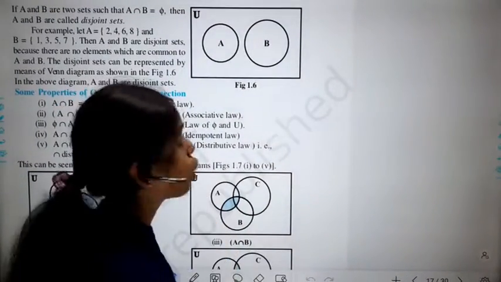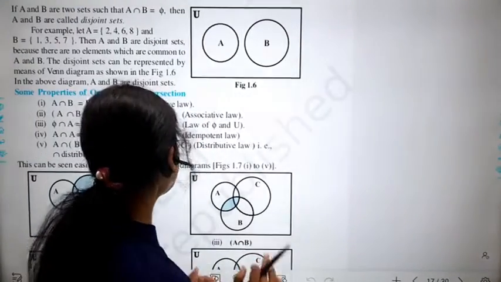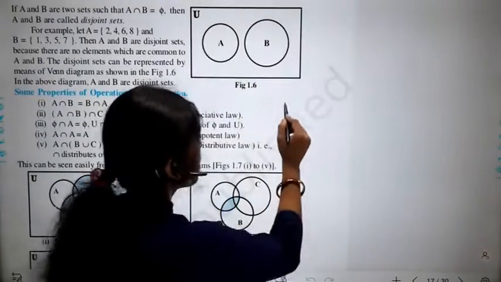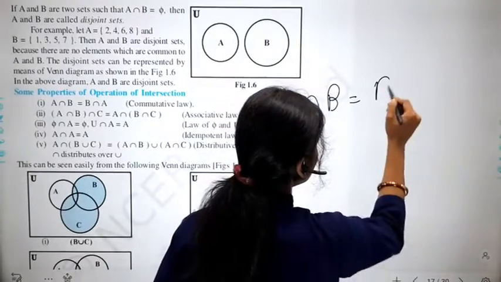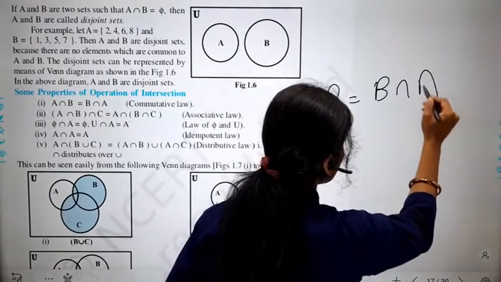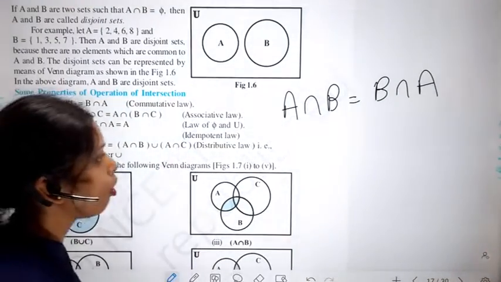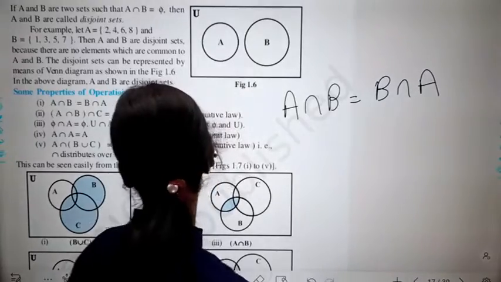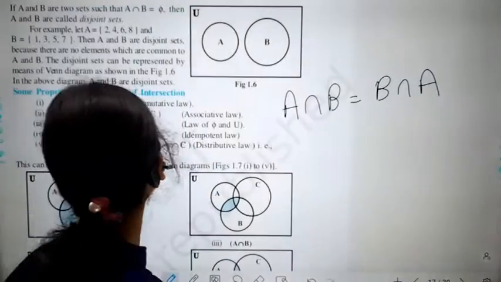You know that the commutative law also holds good here. A intersection B equals B intersection A. The law of associativity also holds good.